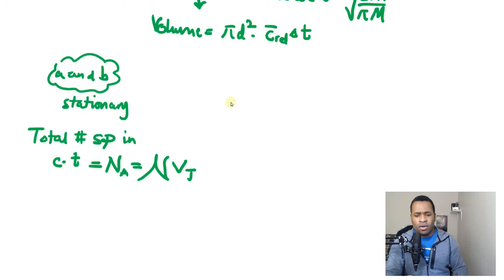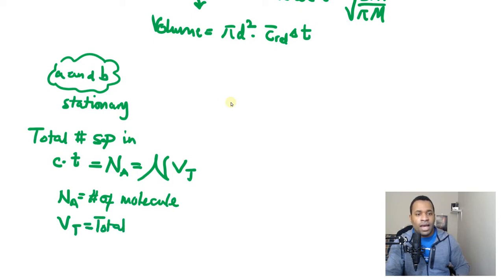And in this particular part, we need to define some terms. We're going to define Na to be equal to the number of molecules, and we're going to define Vt to be equal to the total volume.